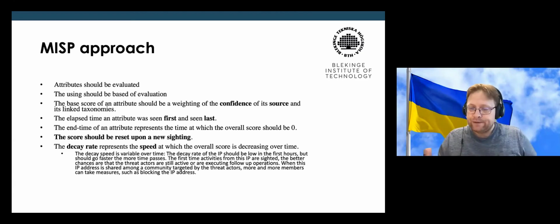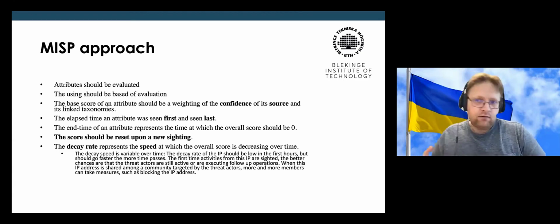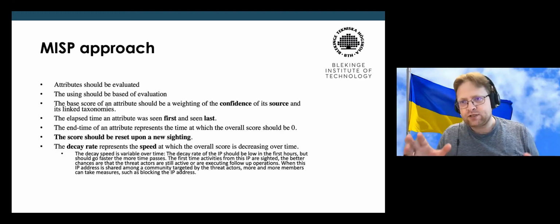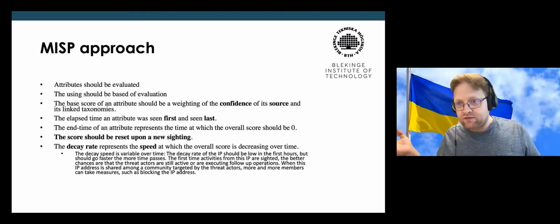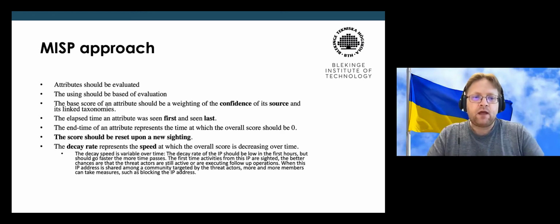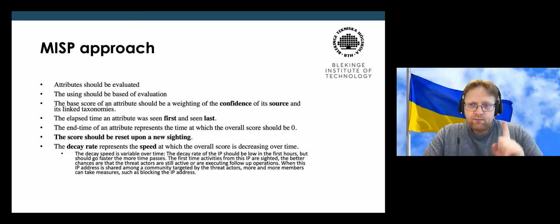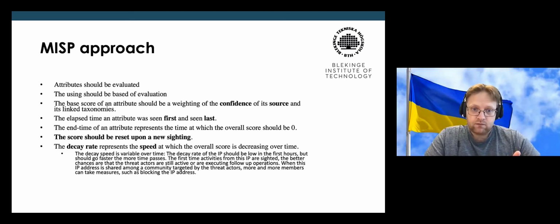It's up to you as the user of this data. For example, if we have a scale from 0 to 100, less than 50, less than 50% of using, etc. But a very important thing is that the score should be reset upon a new sighting. This means that if the indicator of compromise was found again, the evaluation should start from the beginning.